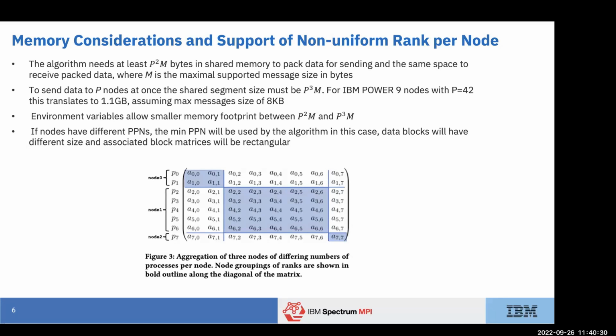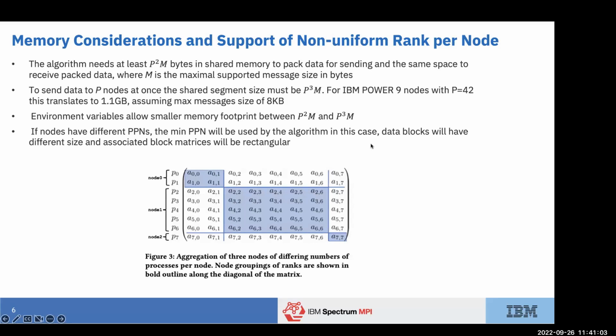For IBM Power 9 nodes, which are used on Summit with 42 processes per node, this translates to 1.1 gigabytes, assuming that the maximal message size is 8 kilobytes. We allow an environment variable to use smaller memory footprints, and it can be set between p squared times m and p cubed times m.